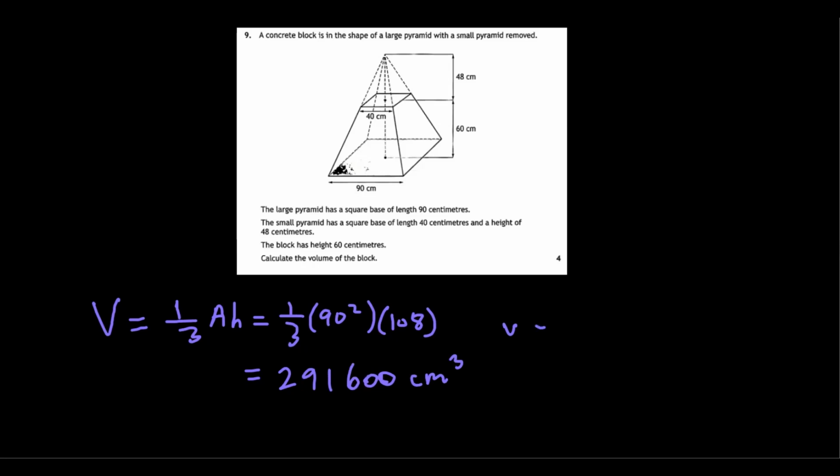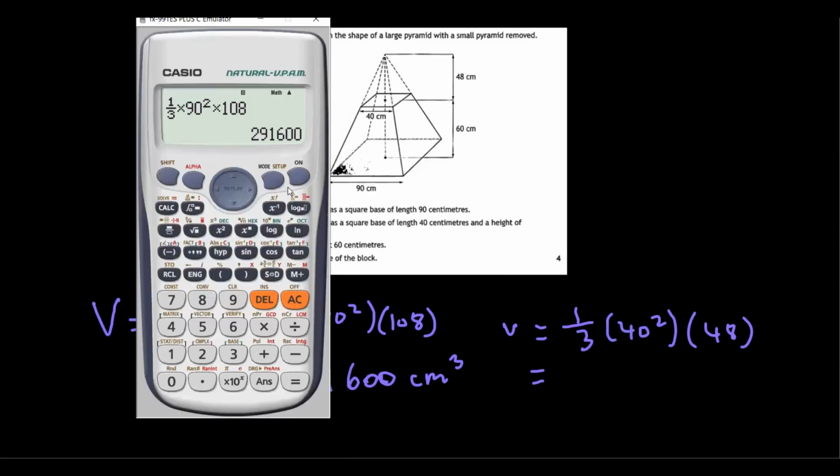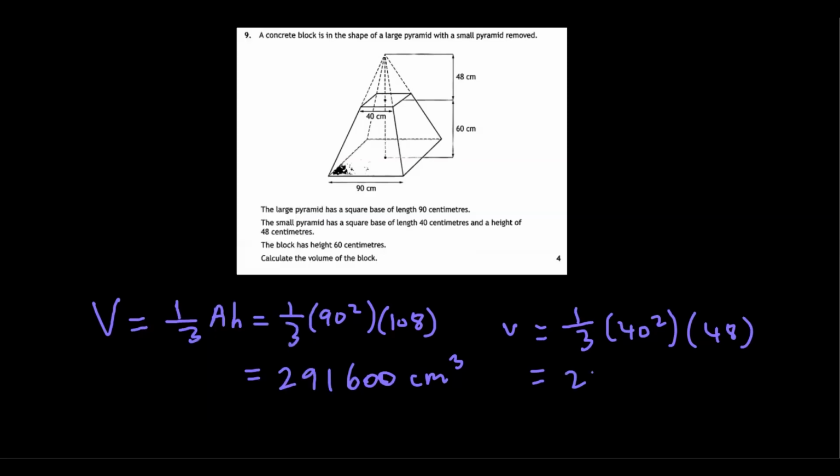And then the smaller pyramid would be a third, and then the base is 40 squared this time, the base area, and the height is 48 centimeters. So that gives 25,600 centimeters cubed.